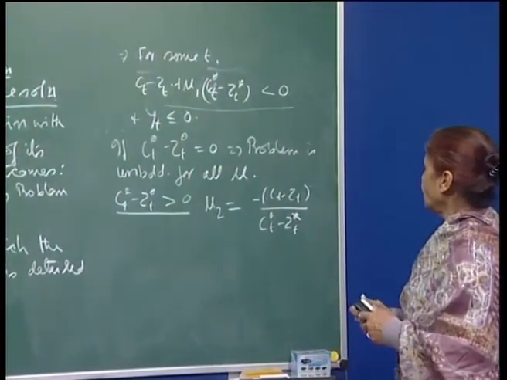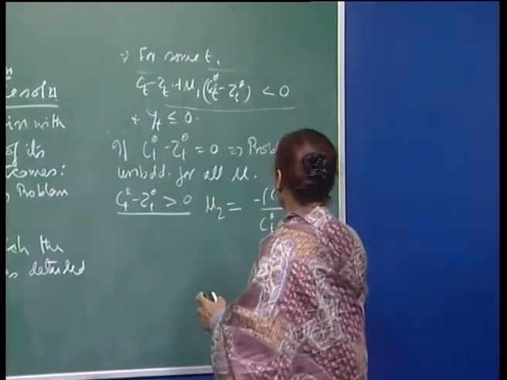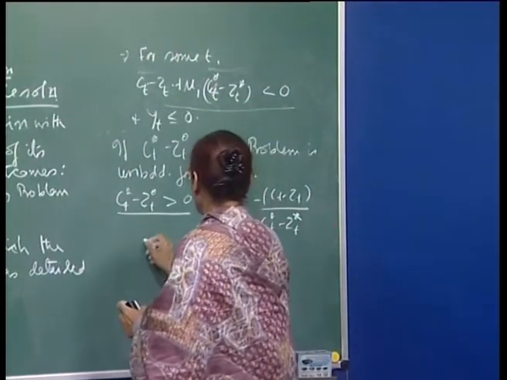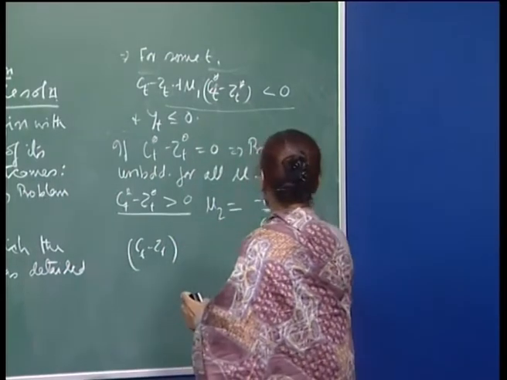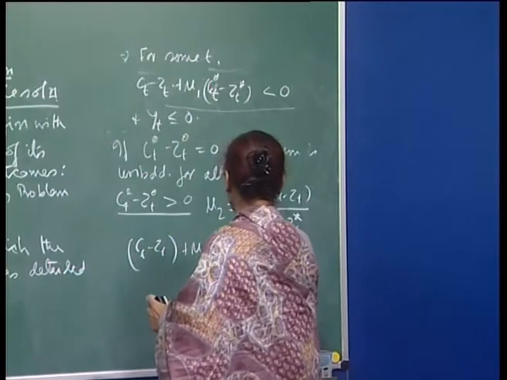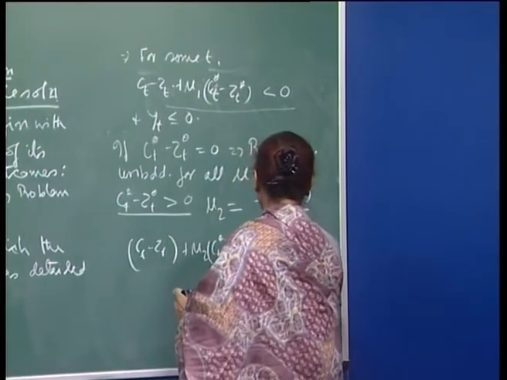So you look at this, and you want this to be Ct minus Zt, and I bring it here, plus mu t times (Ct star minus Zt star). I want this to be positive.